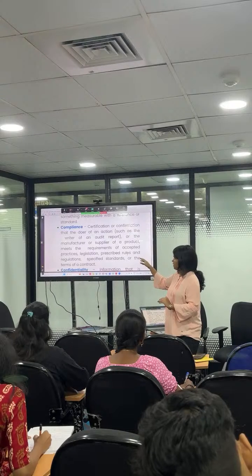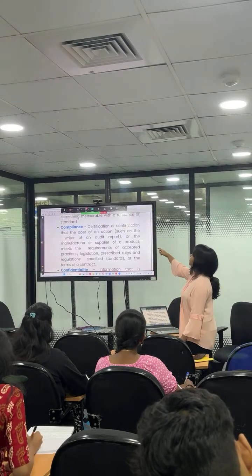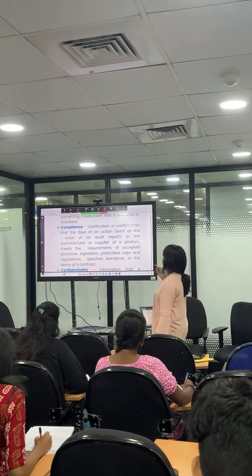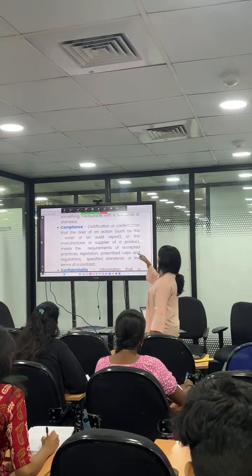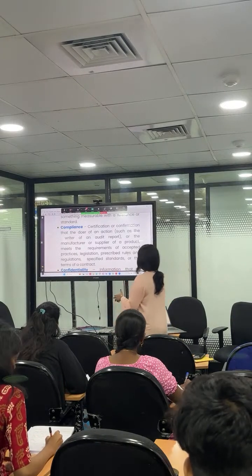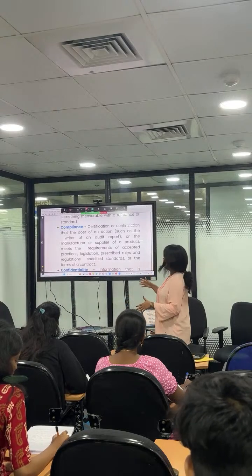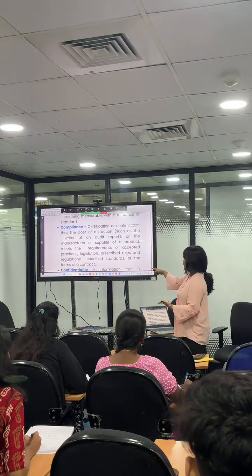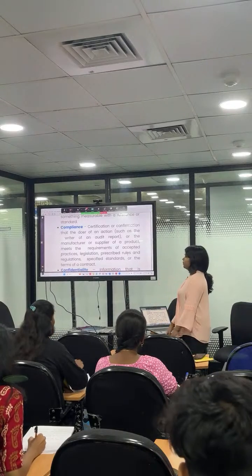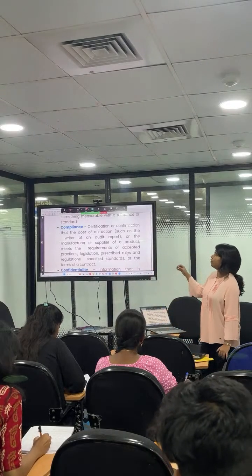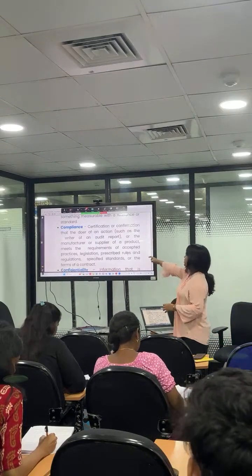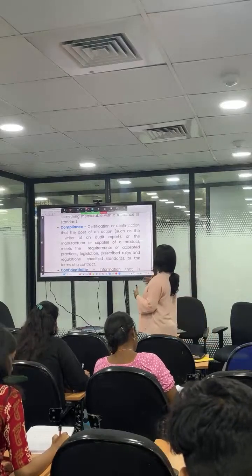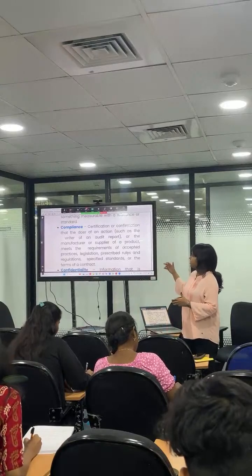Here the standard definition is certification or confirmation that the doer of an action, such as the writer of an audit report or the manufacturer or supplier of a product, meets the requirements of accepted practices, legislation, prescribed rules and regulation, specified standards or the terms of a contract. For understanding, I said rules and regulation. What actually it includes? Requirements of accepted practices, legislation, prescribed rules and regulations, specified standards or the terms of a contract.